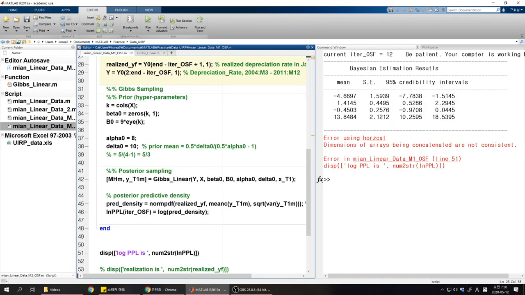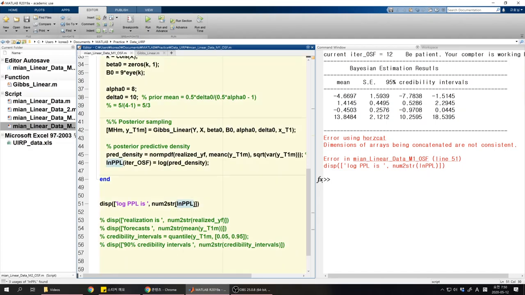I'm supposed to report the sum of the log ppds, right? It is.